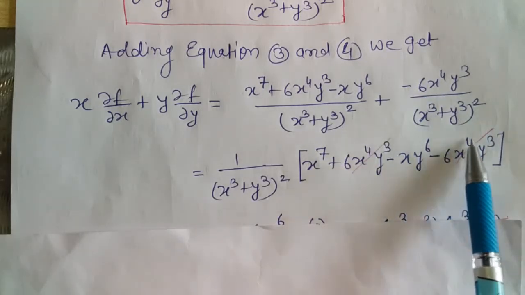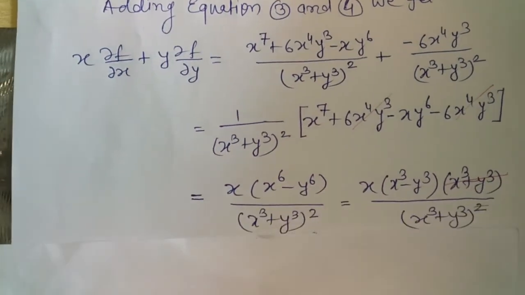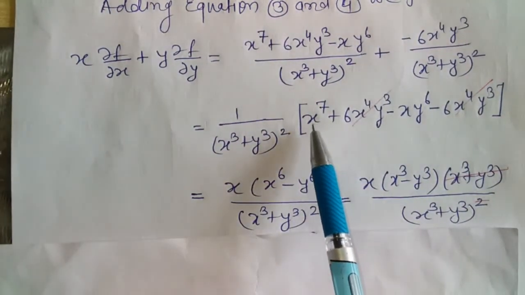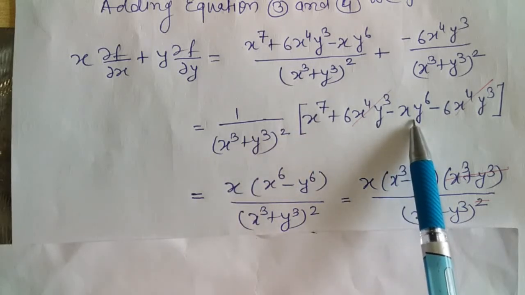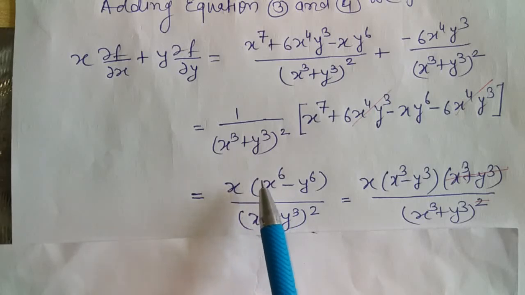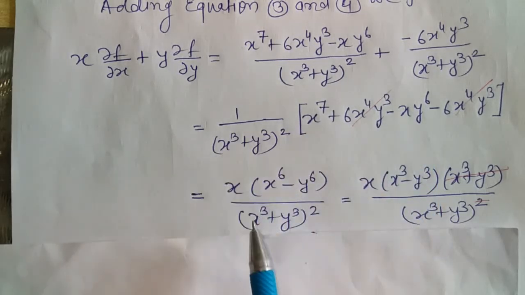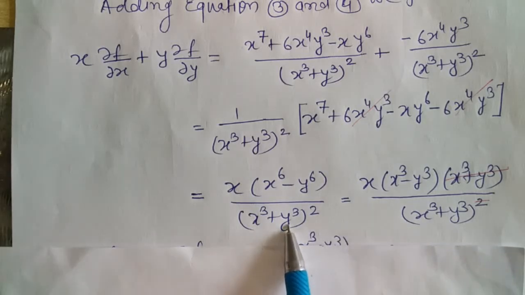So here positive and negative cancel. Then we have x power 7 minus x into y power 6. So we take x common. Then we have x into x power 6 minus y power 6 upon x cube plus y cube whole square.